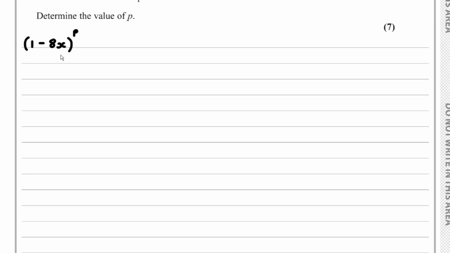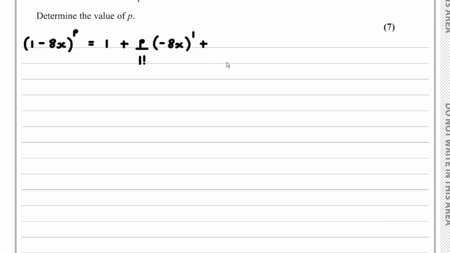We have (1 − 8x)^p, and using the binomial series formula for terms up to x cubed, we have the first term, which is 1. For the next term, we have p divided by 1 factorial multiplied by (−8x) to the 1.